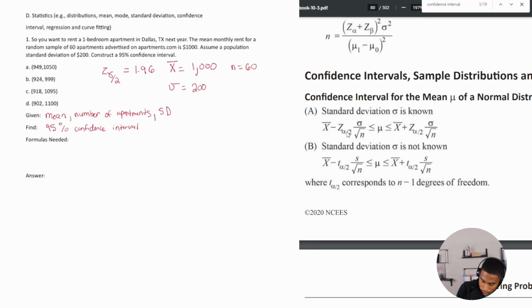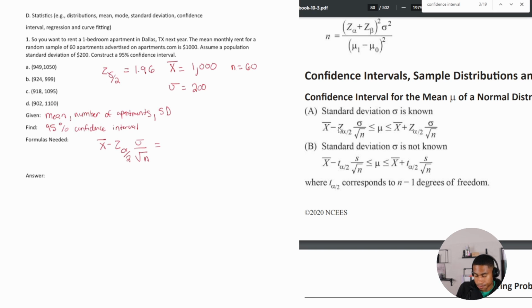So let's solve. X bar minus Z times the standard deviation over the square root of n. And this is our lower bound.